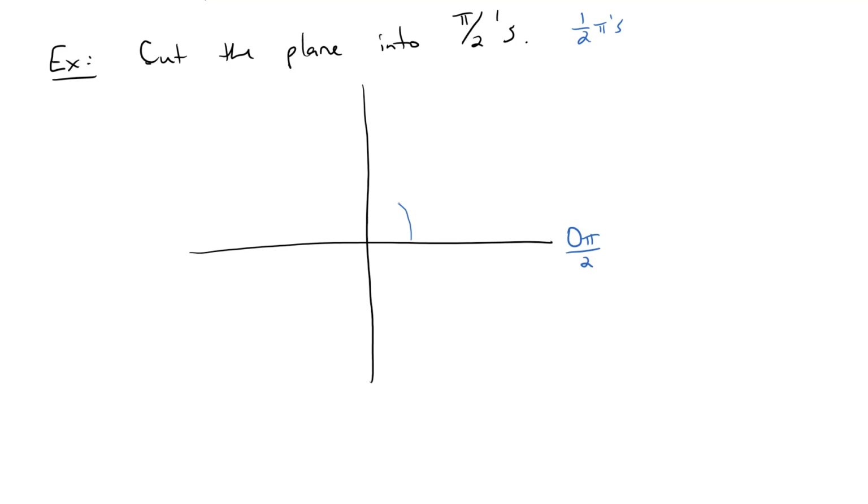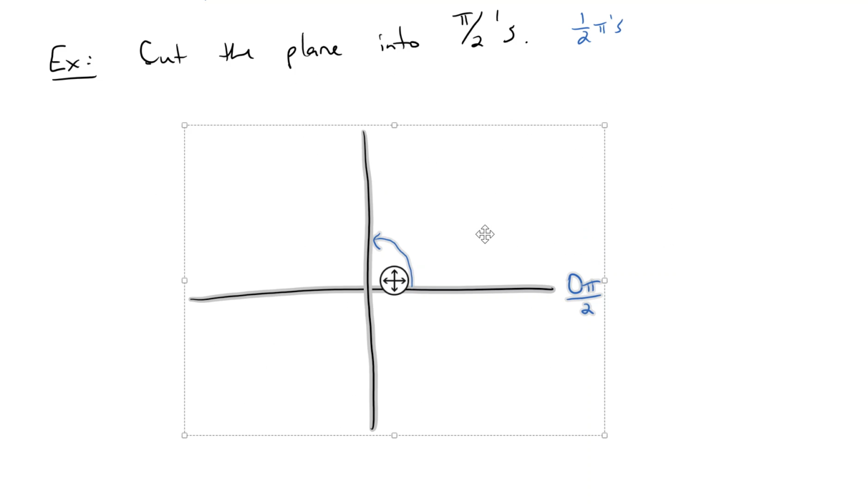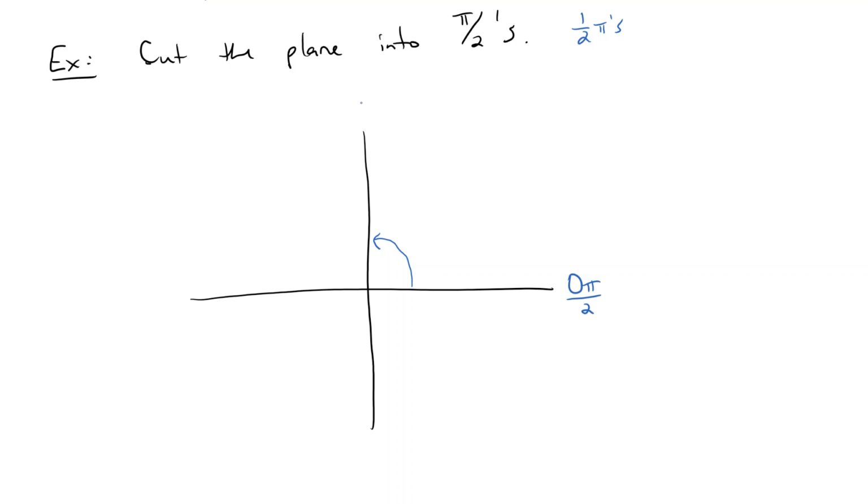So the first half pi that I hit is right here on the positive y-axis. Didn't give myself enough room here. So the positive y-axis is going to be my first pi over 2, my 1 pi over 2. And then I'll rotate another half pi, which is going to put me here, and so I can call that 2 pi over 2. It's just an additional pi over 2.